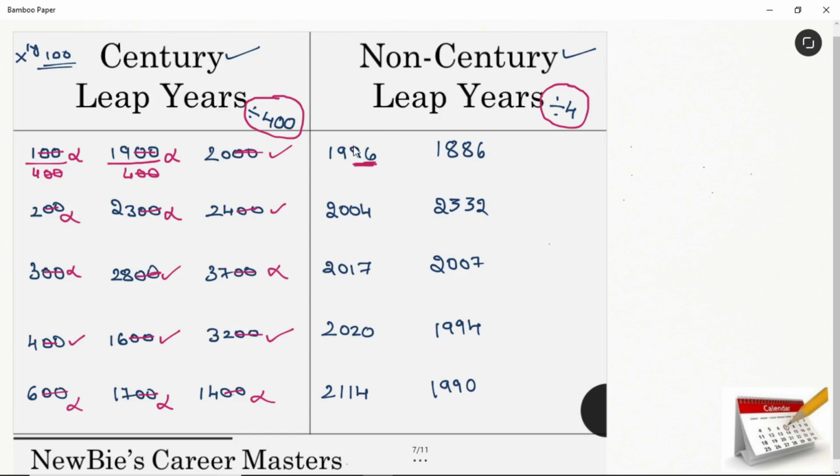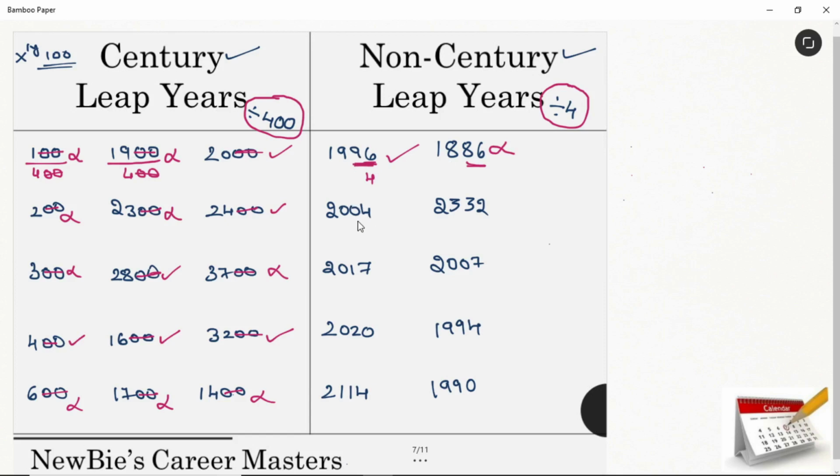I'll take only 96. 96 is divisible by 4, so 1996 is divisible by 4. Then it's a leap year. Clear? Then 86. 86 is not divisible by 4. Then 1886 is not a leap year. Am I clear? Simple task.